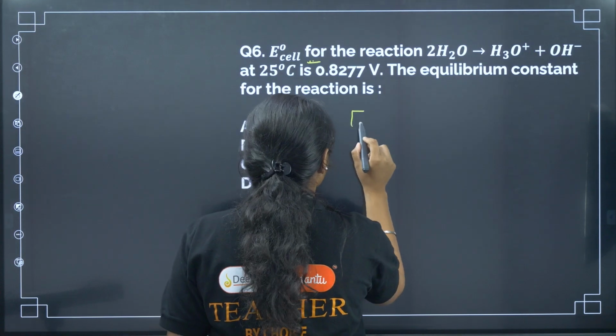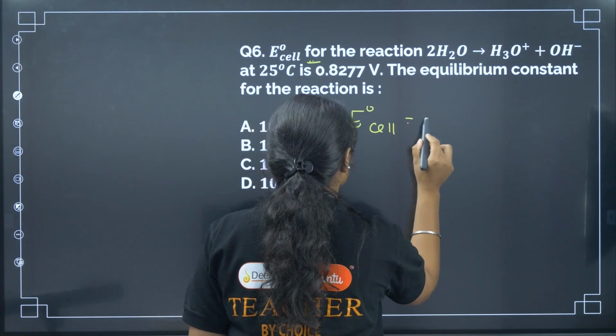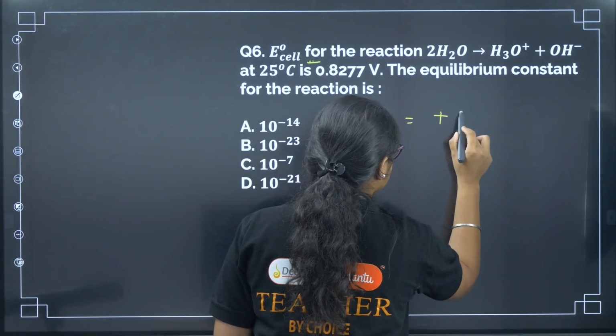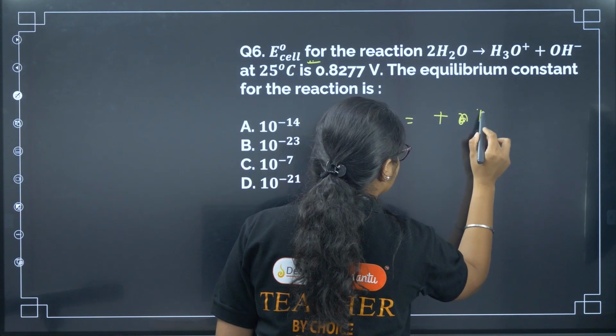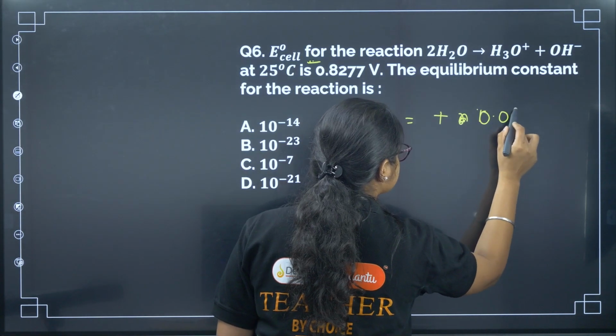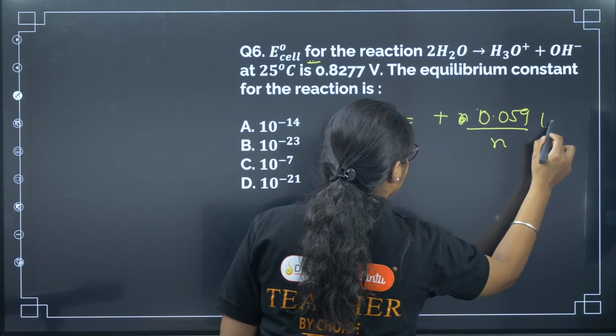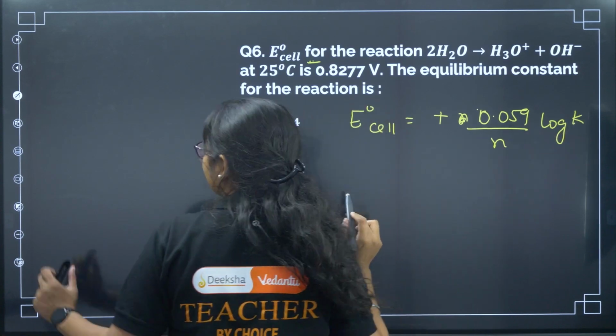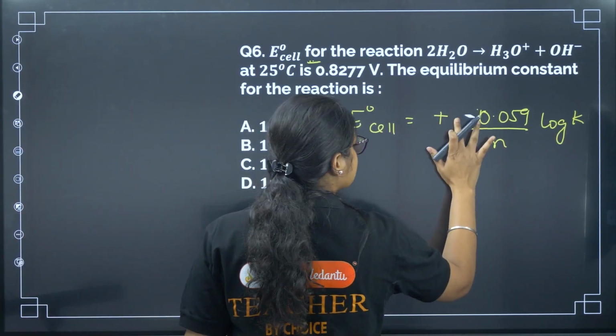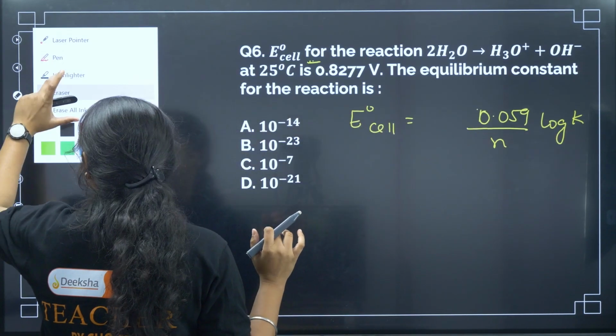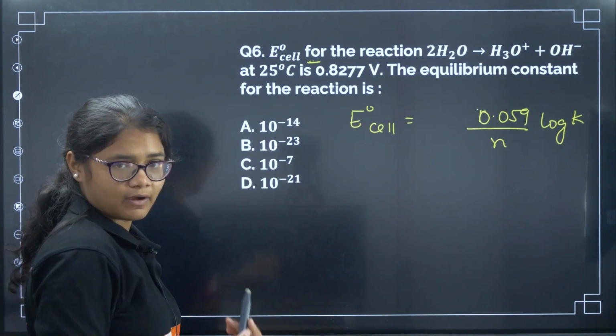Now if you solve here, E naught of the cell is equal to 2.303 RT by NF, so we can put it as 0.059 by N log of K, right? This value is there, so I'll erase this one. Now we can solve it. N value is 1, right?